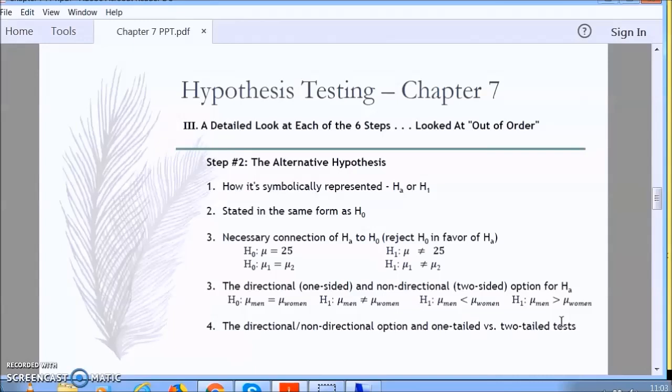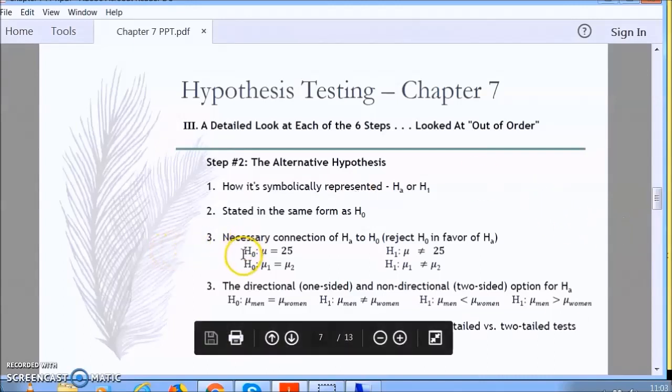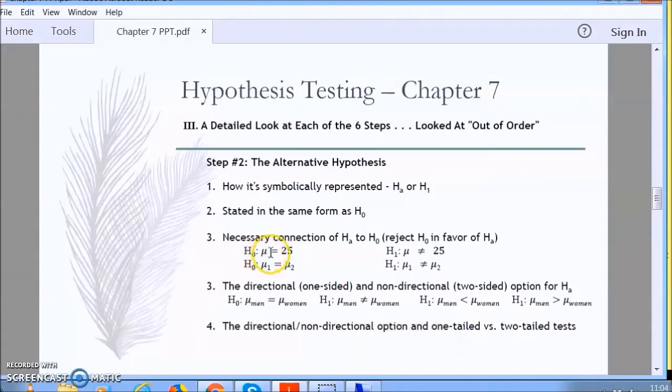The alternate hypothesis always takes the same form as the null hypothesis. For example, if your null hypothesis is mean equals 25, your alternate hypothesis says mean is not equal to 25.